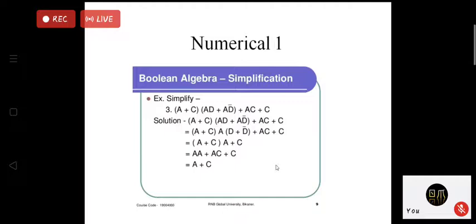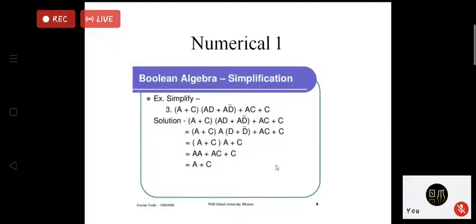So in place of D plus D bar, I have written A into 1, 1 is implicit, plus AC plus C. Which law have I applied? I have applied the absorption law. X plus XY can be written as X only. So AC plus C can be replaced by C only. So A plus C into A plus C.